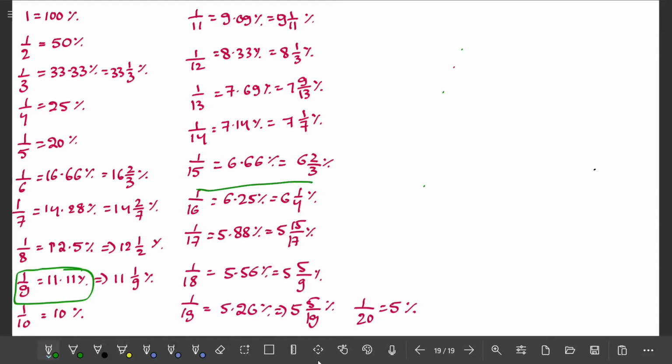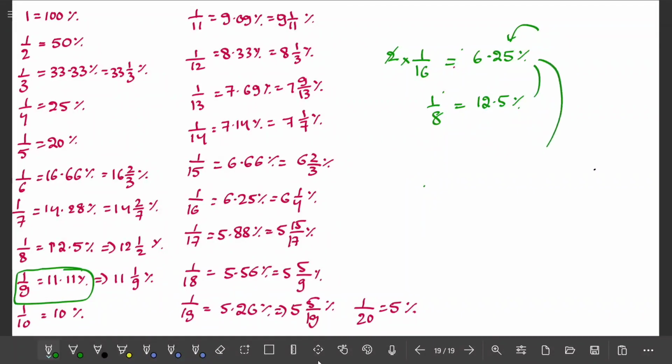Now, let us take this as an example. So 1 by 16 is nothing but 6.25%. If I multiply it with 2, what happens? It becomes 12.5%. We all know. So when I multiply here also with 2, it becomes 1 by 8. However, 12.5% is 1 by 8. We all know it. So if I do the same thing with 3, it is 18.75%, one of the most important values. 3 by 16.